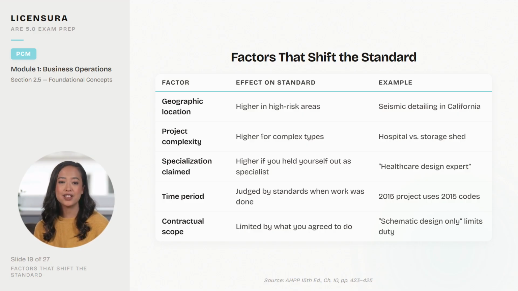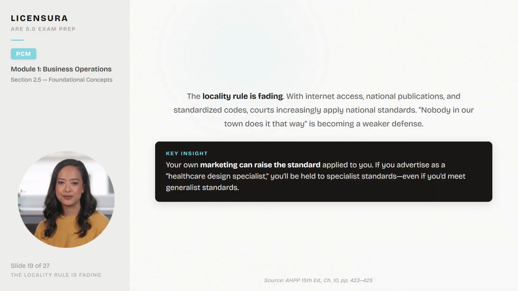Put healthcare design expert on your website, and you've just raised the bar for yourself, whether you meant to or not. The time period matters too. You're judged by the standards that existed when you did the work, not today's standards, and your contractual scope limits your duty. If you only agreed to do schematic design, you're not on the hook for construction administration issues.